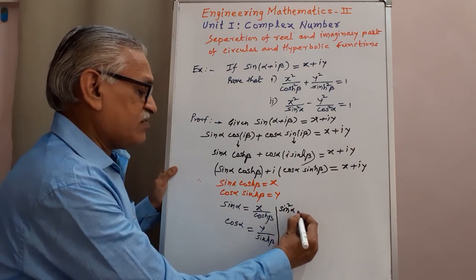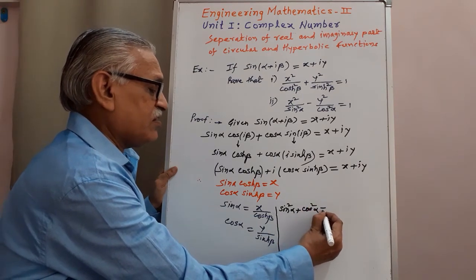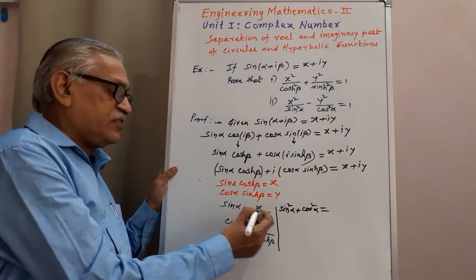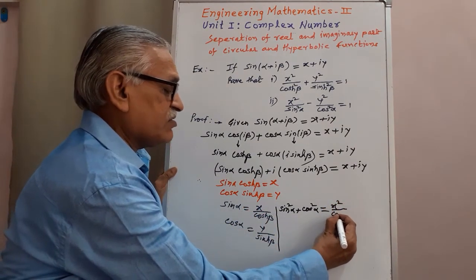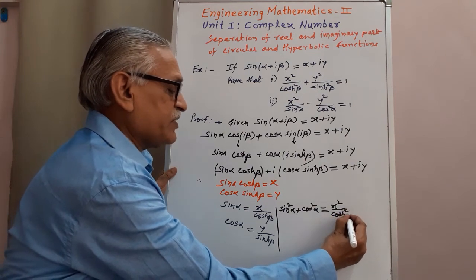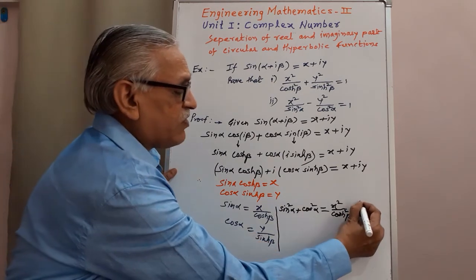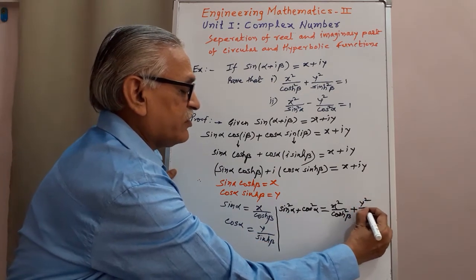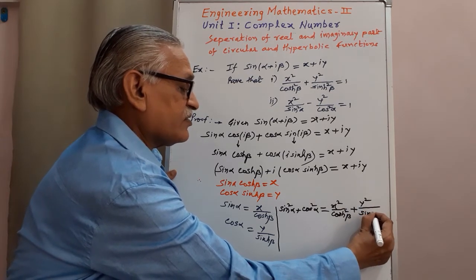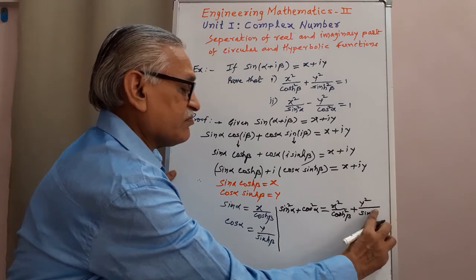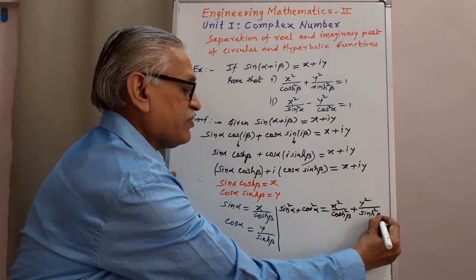sin square alpha plus cos square alpha is equal to, square of this is x square divided by cosh square beta plus square of this term is y square divided by sinh square beta.